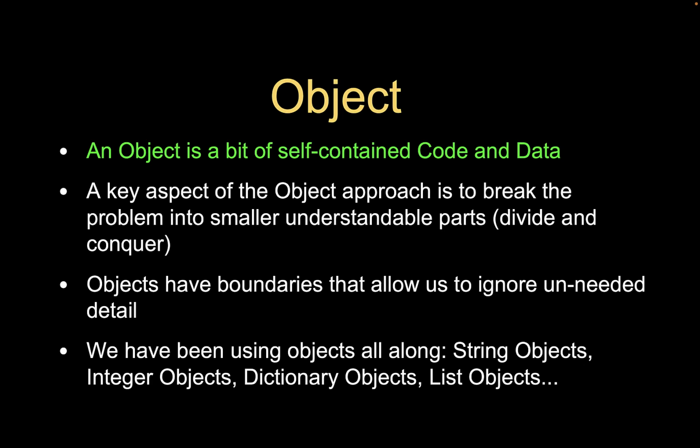To divide and conquer, as it were. Objects have boundaries that allow us to ignore unneeded detail. And we'll see an example of that in a minute, and we'll see the practical benefit. We've been using objects all along: string objects, integer objects, dictionary objects, list objects.